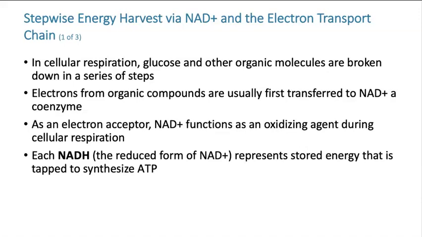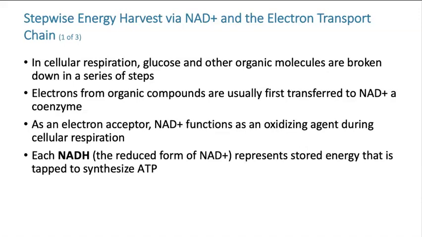Glucose doesn't just all break down really quickly. It's a series of steps. And the electrons from these organic compounds, and we're going to be seeing a lot of different organic compounds, are usually first transferred to NAD+, which is a coenzyme. Remember from a previous lecture where we talked about coenzymes. It is an electron acceptor.